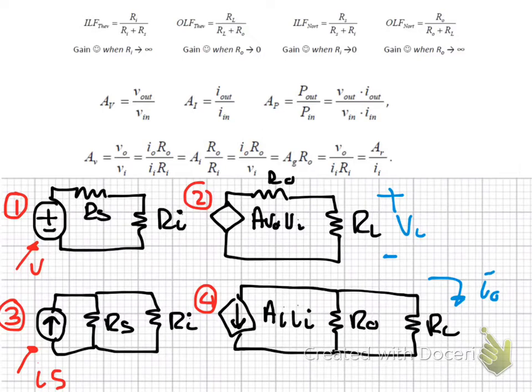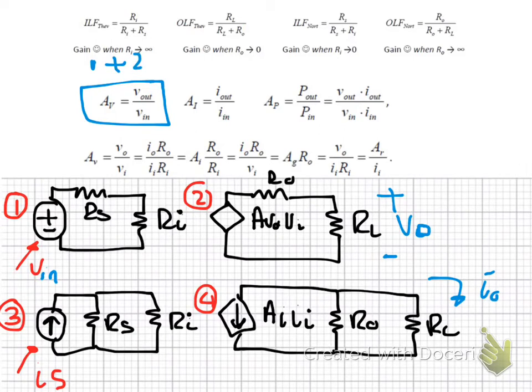With a voltage amplifier, your voltage gain is your V out over your V in. That is a combination of stage 1 and 2.